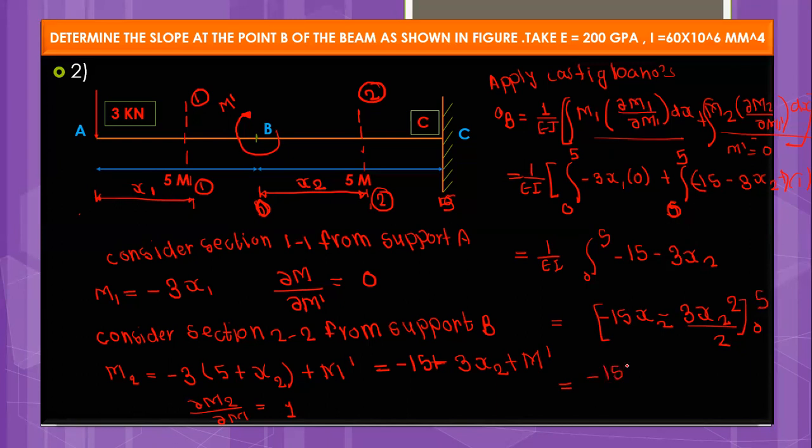So minus 15 into 5 minus 3 into 5 squared upon 2. This gives us theta B equal to minus 112.5 upon EI. If we put in the values of E and I, we will get the final answer, 0.009375 radian. This is our final answer.